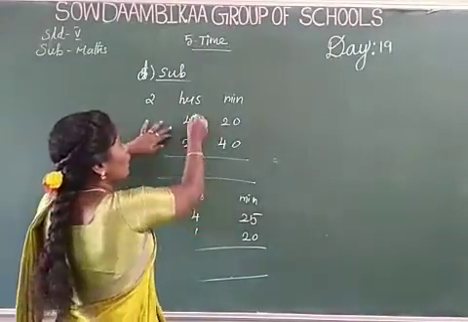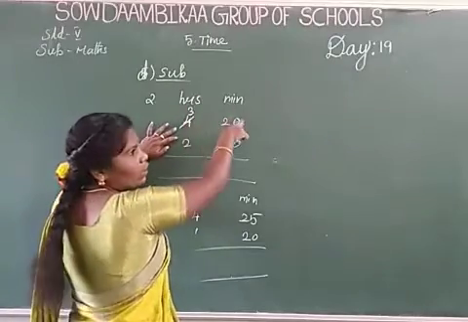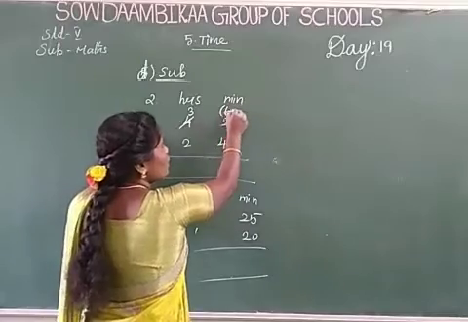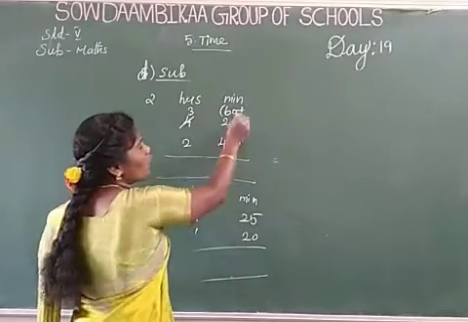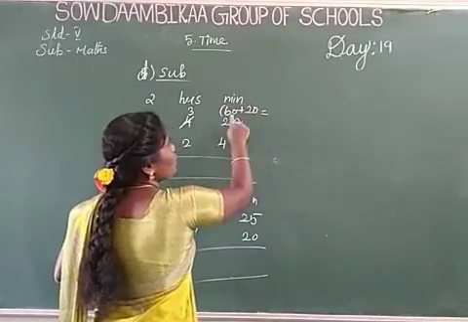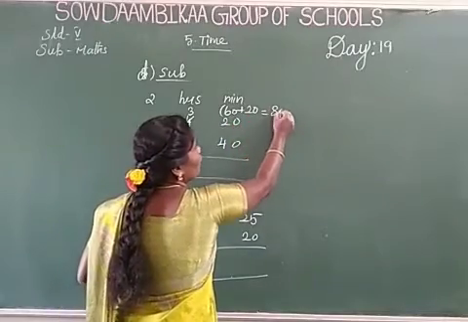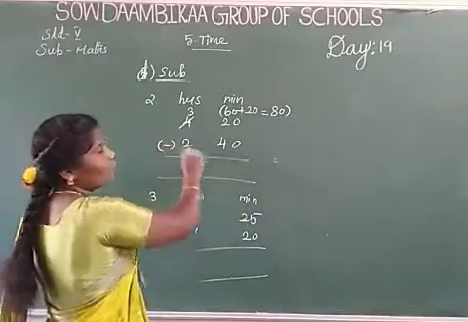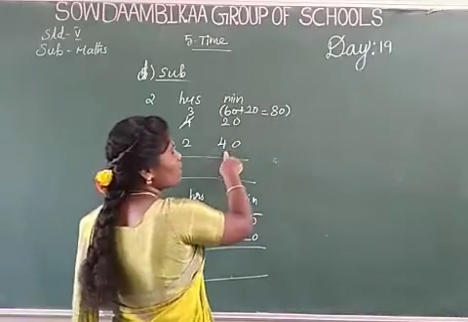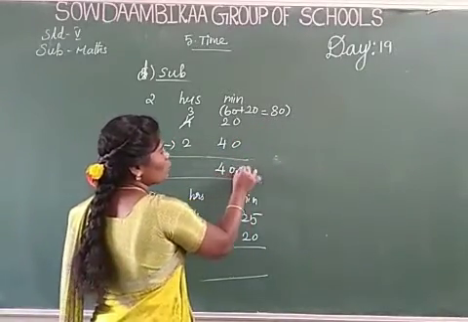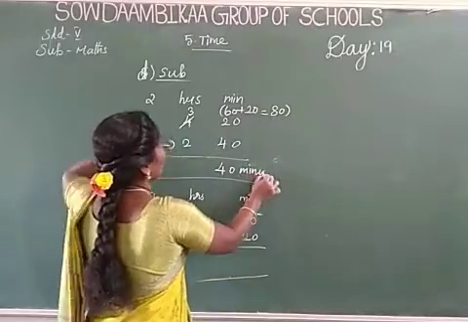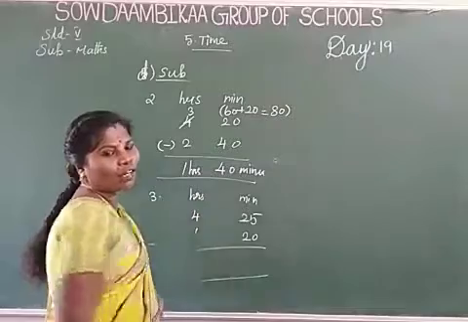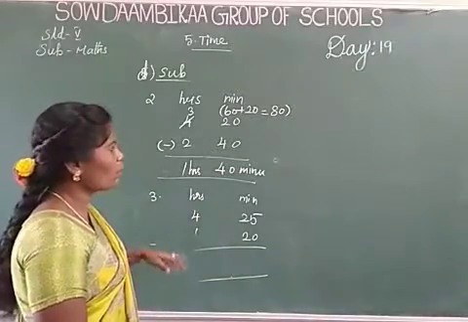So borrow 1 hour. Here 3 hours. 1 hour equal to 60 minutes. 60 plus this 20, 80. Now 80 minus 40, 40. So 40 minutes. Here 3 minus 2, 1. So the answer is 1 hour 40 minutes.